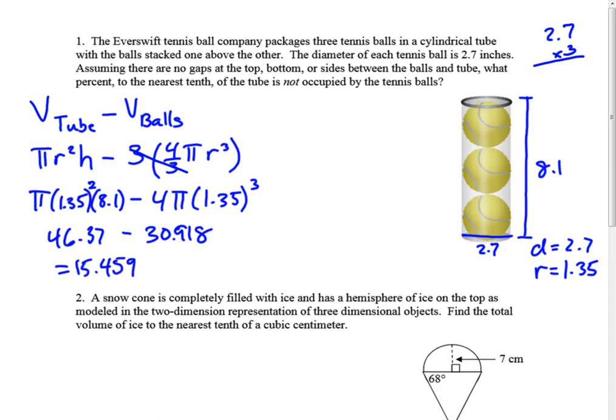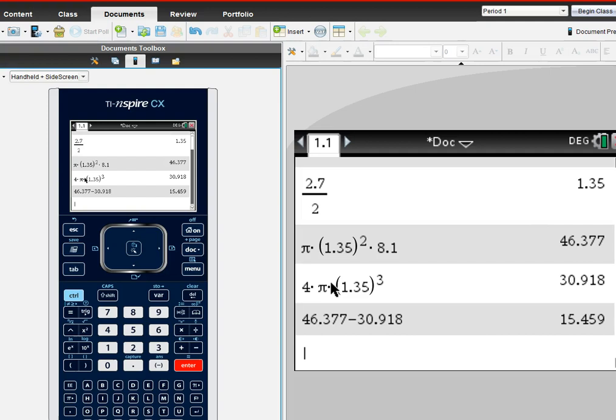So the question though is what percentage is not occupied? So if we take the 15.459 and divide it by the total volume of the tube, which is 46.377, that's going to give us a decimal that we can convert to a percentage.